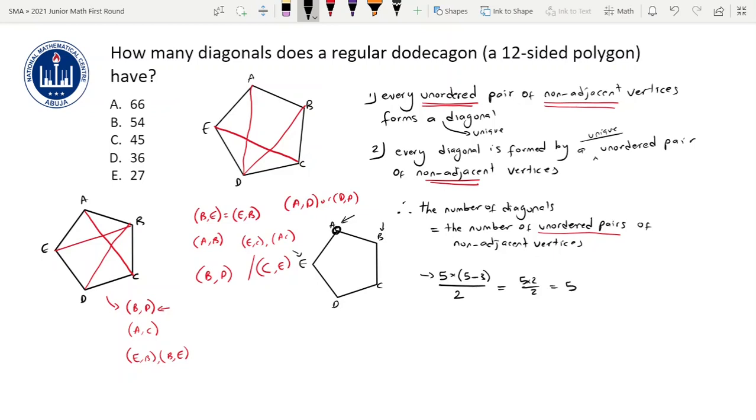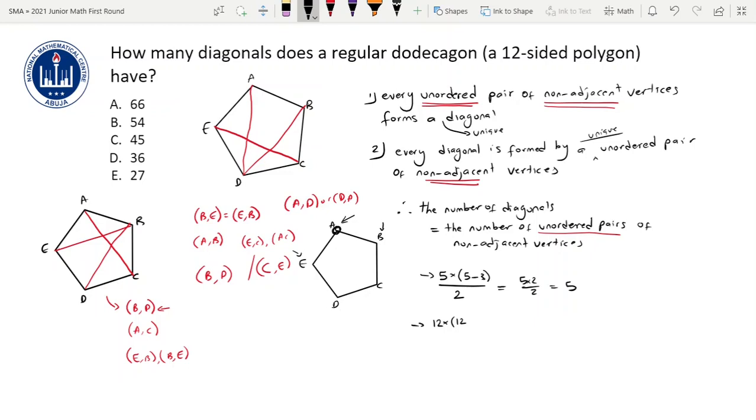Okay, and then for a 12-sided polygon, while picking the first vertex of a pair of non-adjacent vertices, you're going to have 12 options. And then for the second vertex, notice that you can't pick the vertex you picked the first time, and also can't pick the 2 ones next to that.